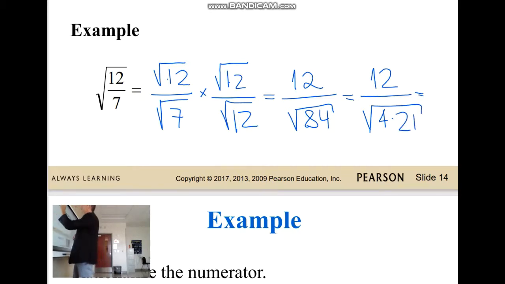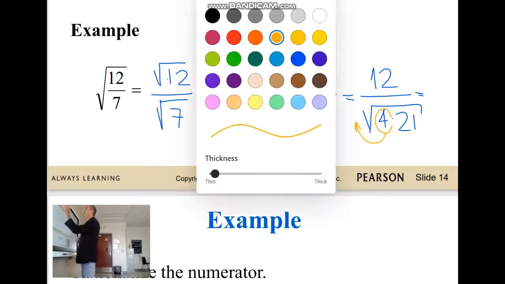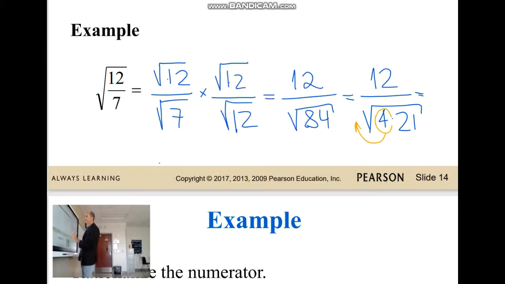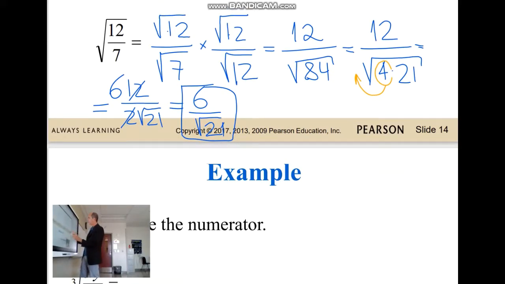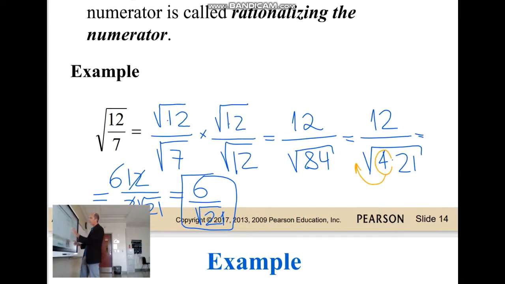And we can move this outside, because 4 is 2 squared, and we will have 12 divided by 2 square root of 21, which is 6 over square root of 21. But this is the simplification by rationalizing the numerator. Now we are rationalizing the numerator.